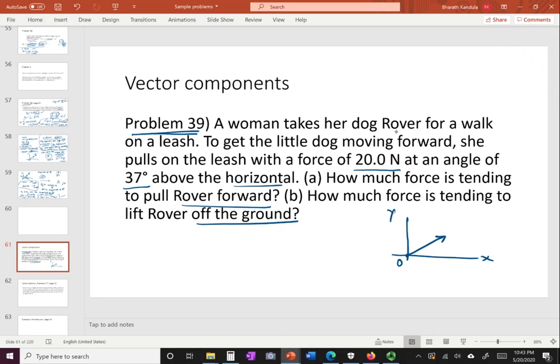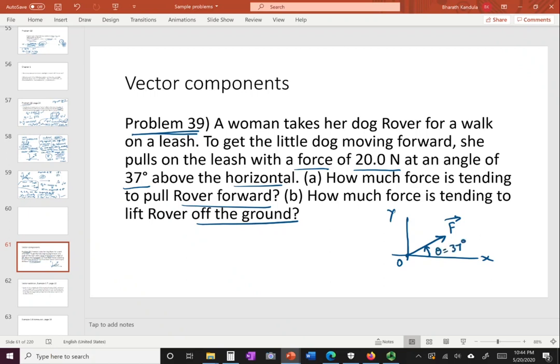She takes her dog Rover for a walk on a leash. To get the little dog moving forward, she pulls on the leash with a force of 20 newtons. This N is newtons, which is the unit of force. We will understand more about forces in chapter 4. This is the force vector here, and it is making an angle of 37 degrees.